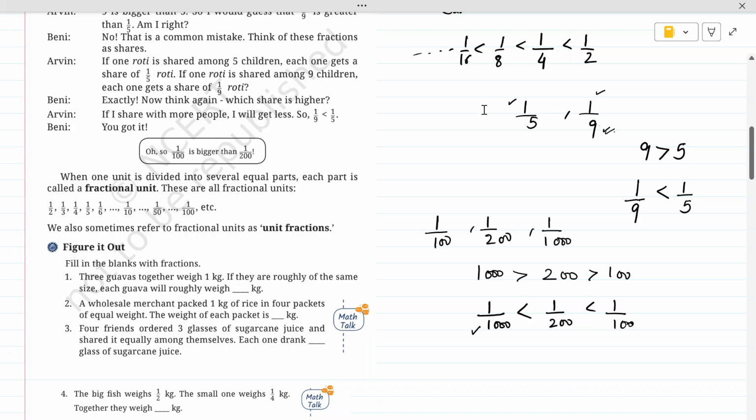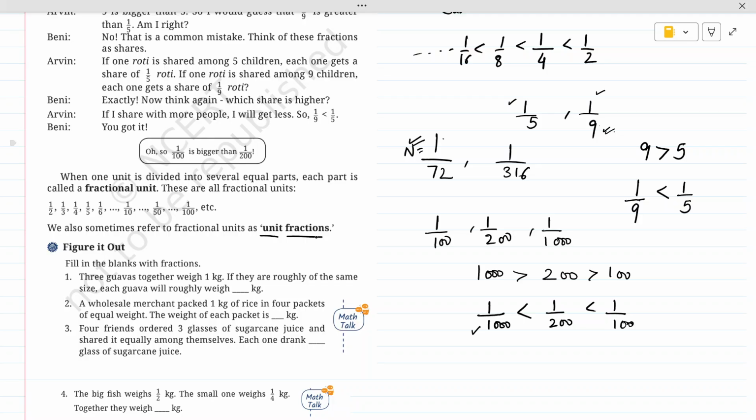Also, we have the concept of unit fractions, which we have done in grade 5. It says a fraction is said to be a unit fraction if the numerator is 1. Okay. So if any fraction is given to us, let's say I have 1 by 72 or I have 1 by 316, if the numerator is 1, then that fraction will be called a unit fraction.